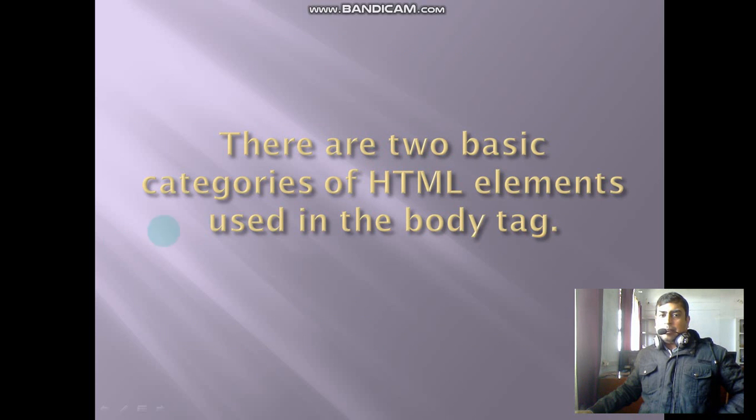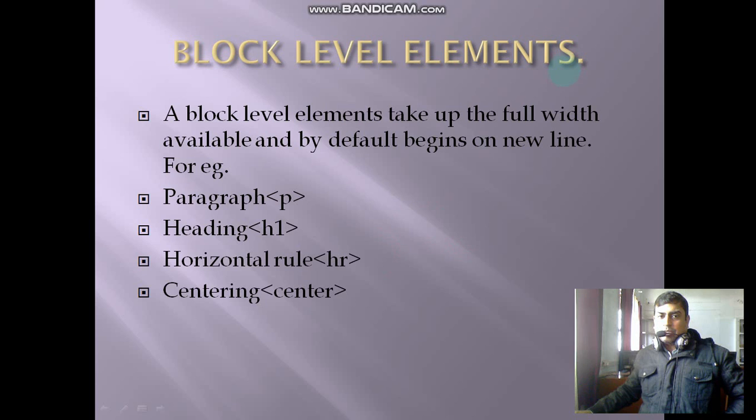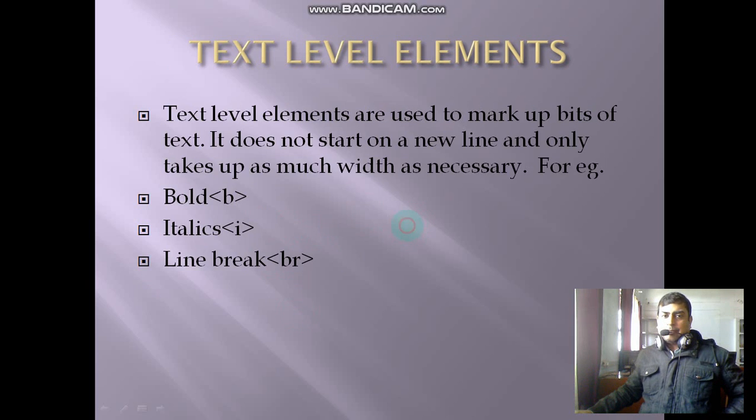Now there are two basic categories of HTML elements used in the body tag. Block level elements. Block level elements means it will work for more than 2-3 lines. A block level element takes up the full width available and by default begins on a new line. For example, paragraph, heading, horizontal rule, and centering, means you can use these tags as block level elements.